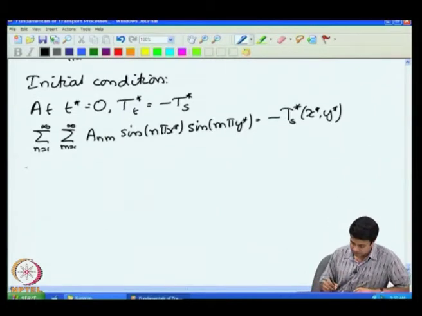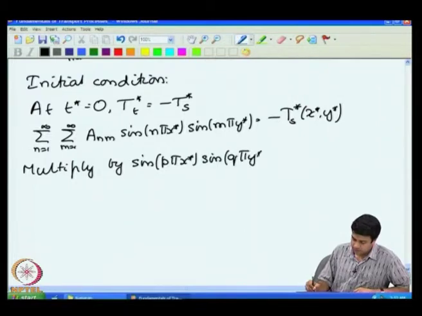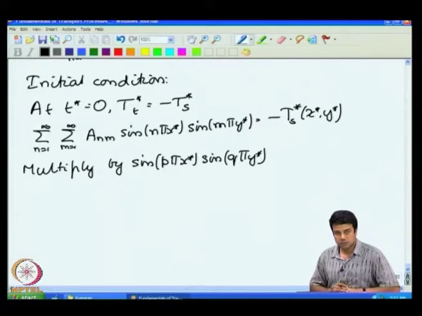That is, I multiply by sin p pi x times sin q pi y, where p and q are both integers.